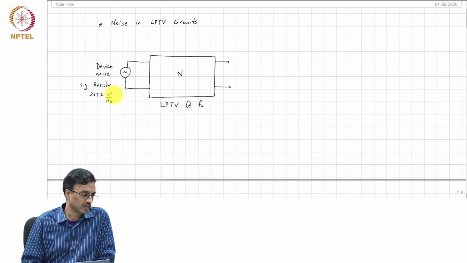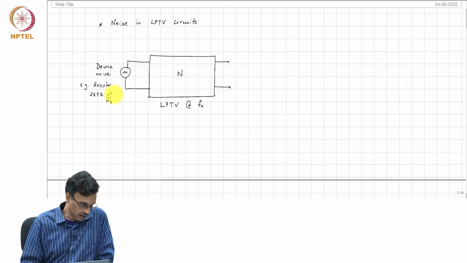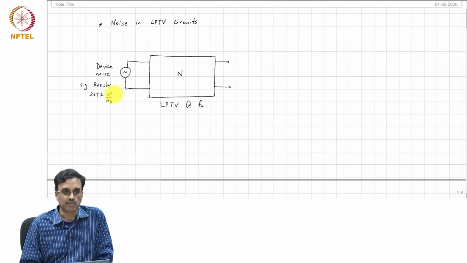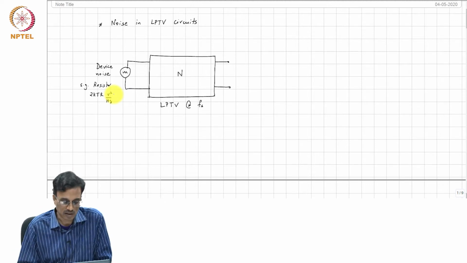If it's transistor noise, it's 2 kT times GM times some correction factor, 2/3 typically, or maybe more depending on the device construction.